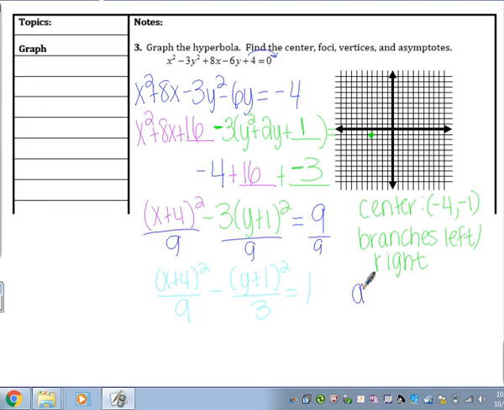I know that a squared is 9, so a must be 3. From the center, I'm going to go 3 right and 3 left. I know b squared is 3, so b must be square root of 3, which we know is between 1 and 2, right?